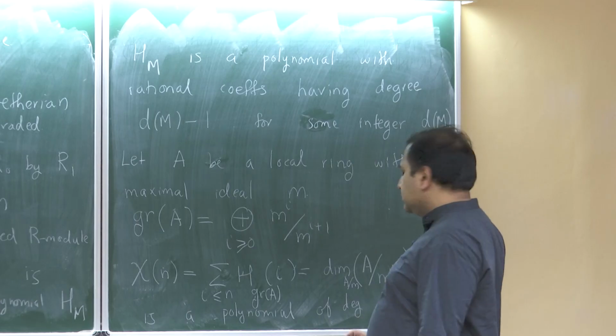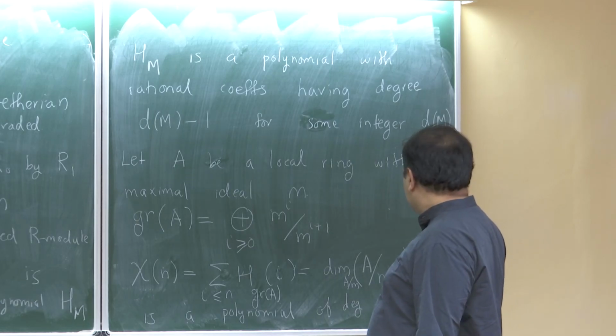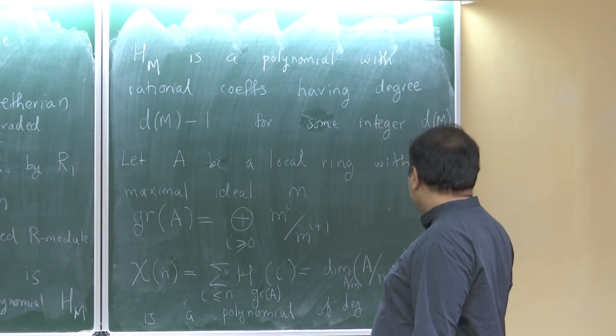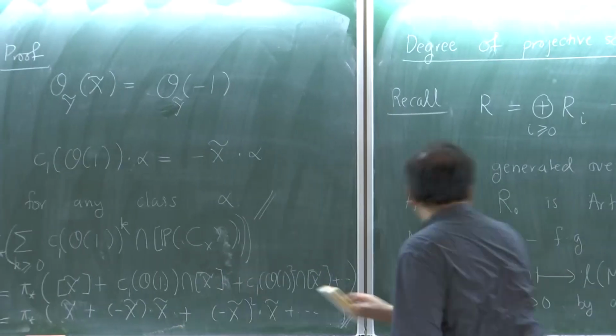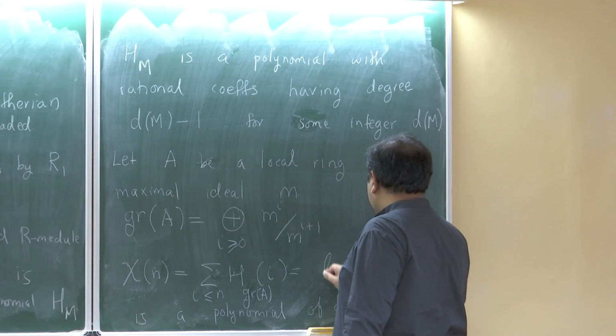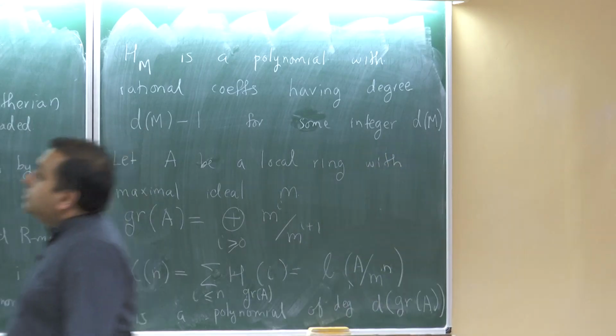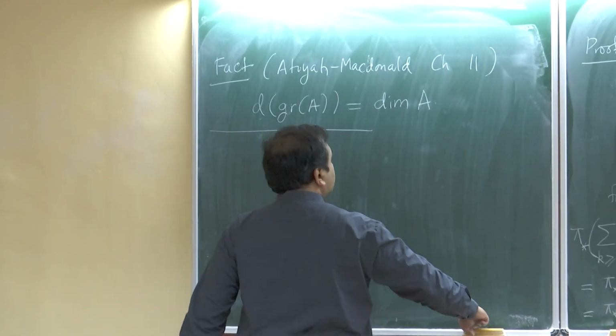What is wrong? Yeah, it is length, but yeah, okay. Sorry, let's say length. So this is the Krull dimension.